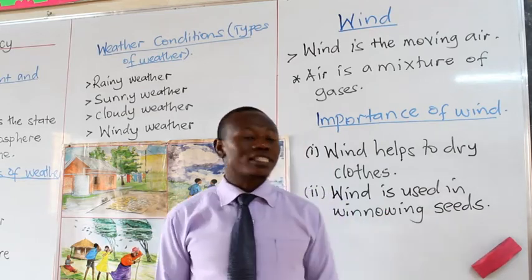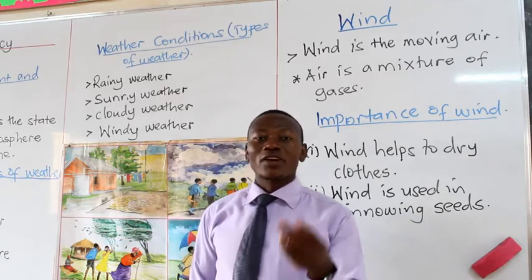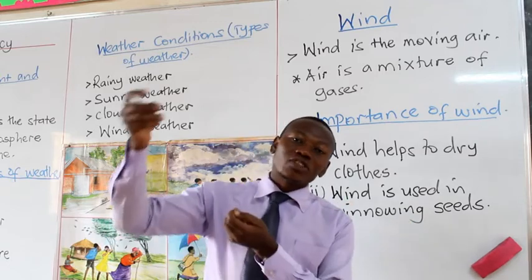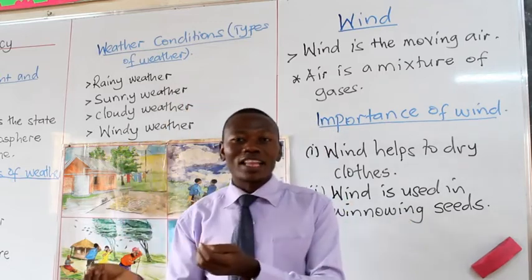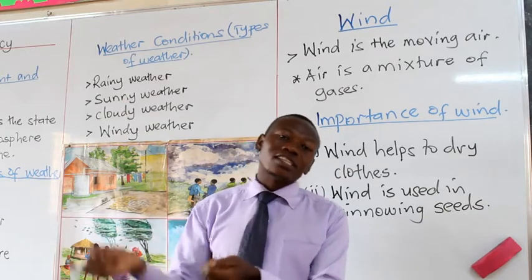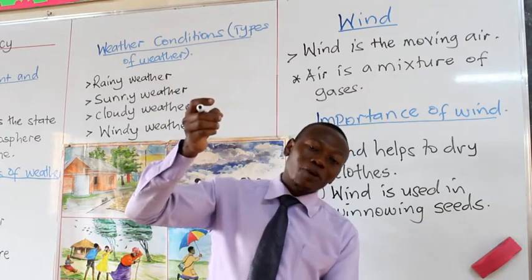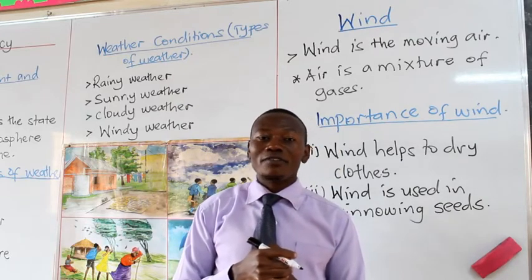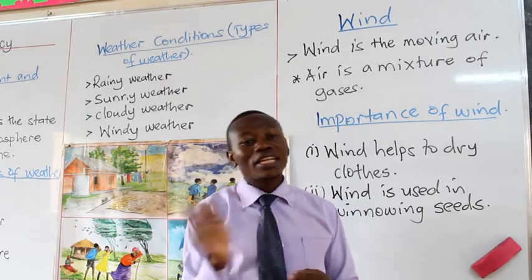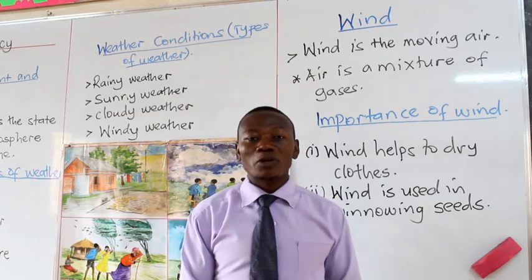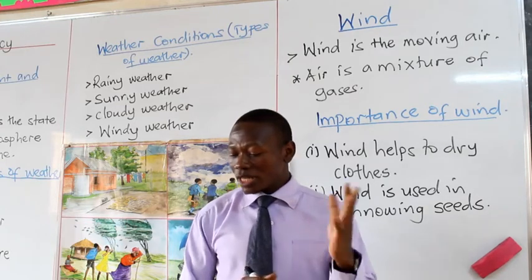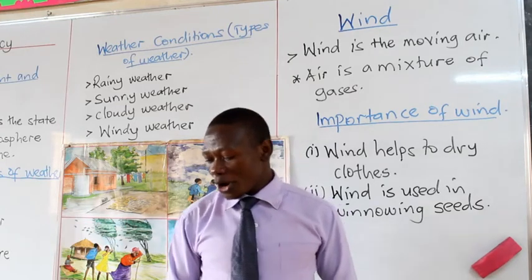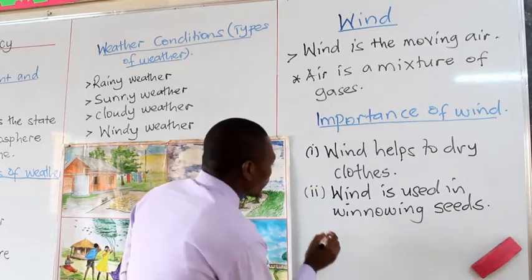You can get seeds like millet or beans. You get one container with the seeds, uplift it, then pour into the container which does not have seeds. So you see the dirt disappearing or being swept away by wind. So that's what you mean by winnowing.